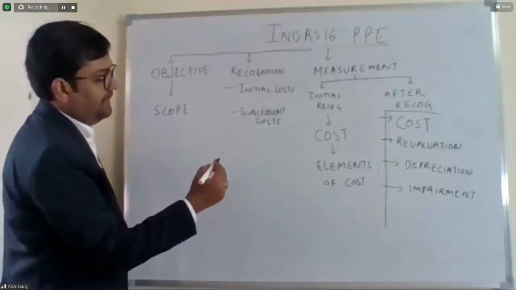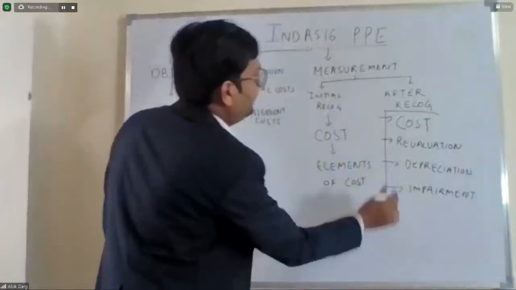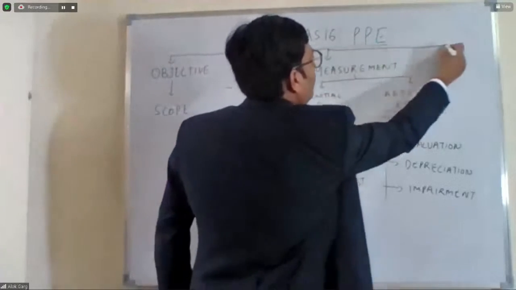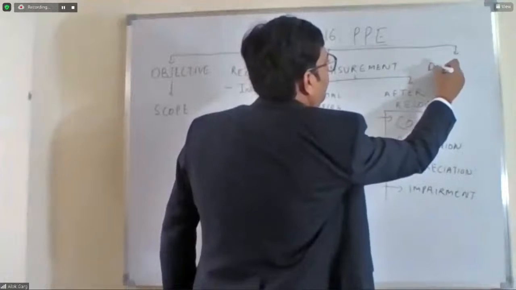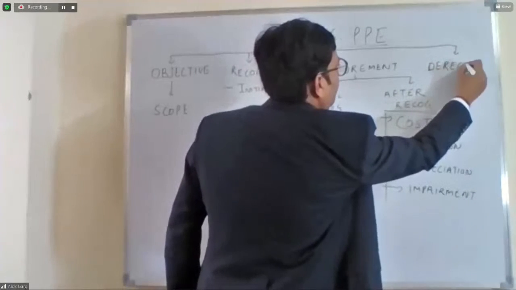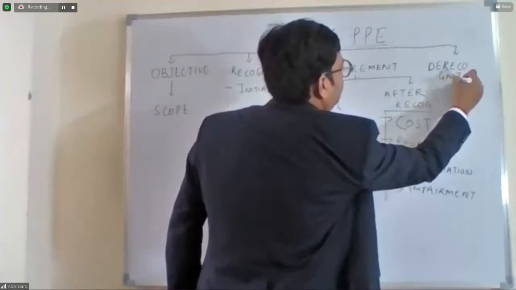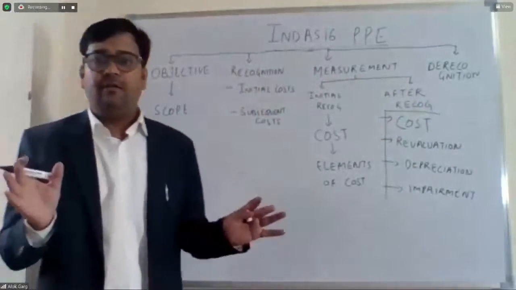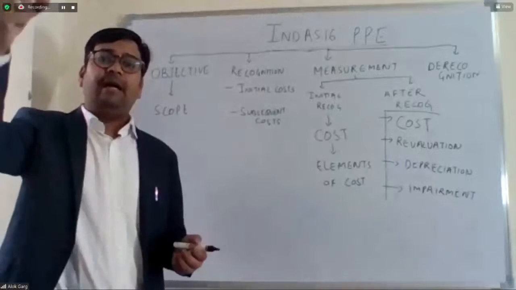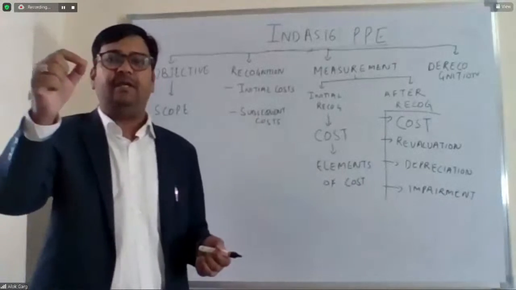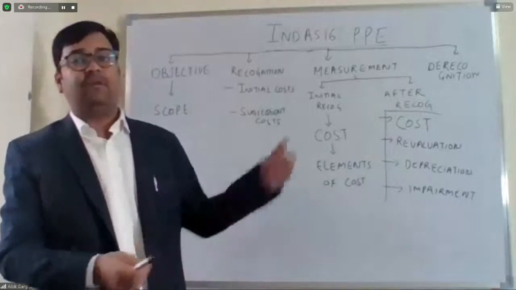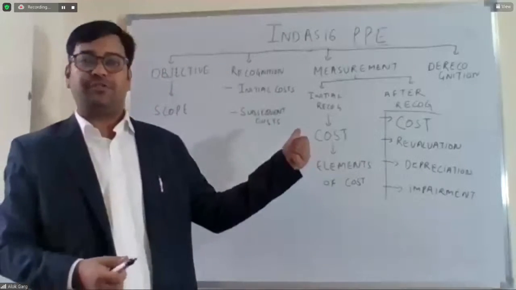Okay, great, friends. After this, we will be discussing the concept of derecognition. It means, sir, we have discussed when an item has to be recognized as PPE under this standard. Then we discussed at what value that item is required to be recorded in the books of accounts.